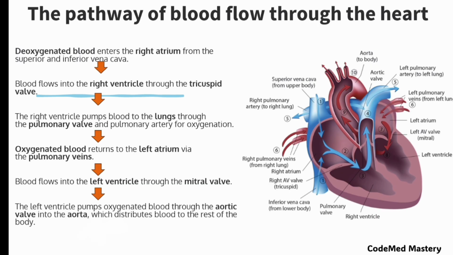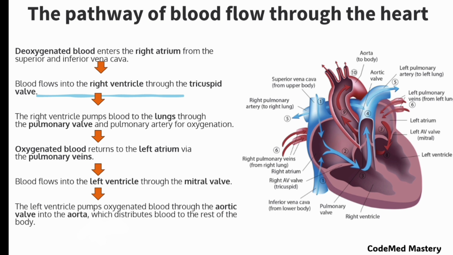Let us study the pathway of blood flow through the heart. This is very important. So first, deoxygenated blood enters the right atrium from the superior and inferior vena cava. Then, blood flows into the right ventricle through the tricuspid valve. Then, the right ventricle pumps blood to the lungs through the pulmonary valve and pulmonary artery for oxygenation.